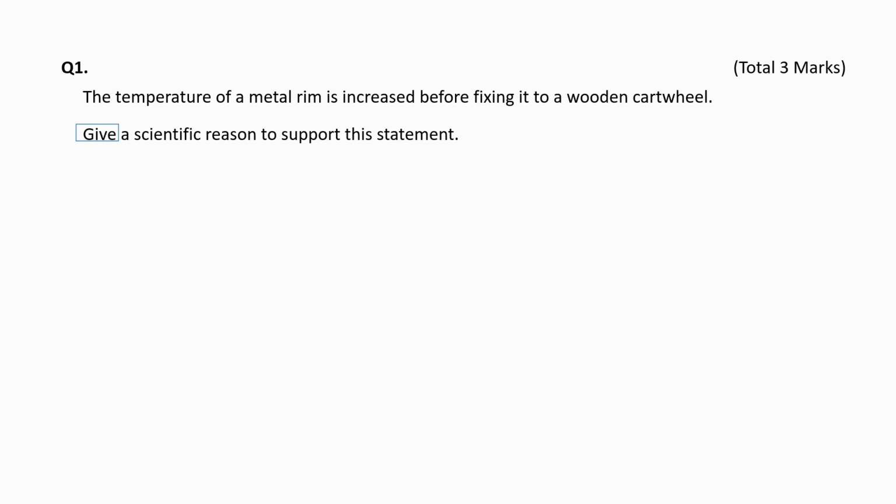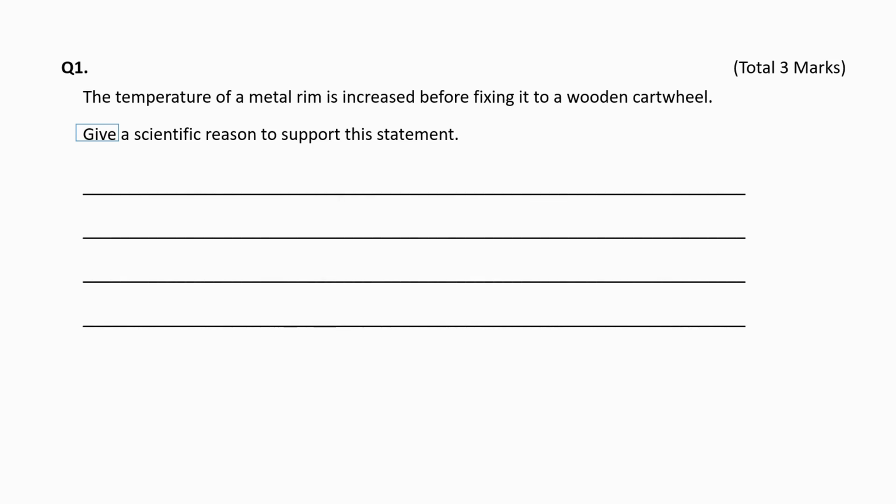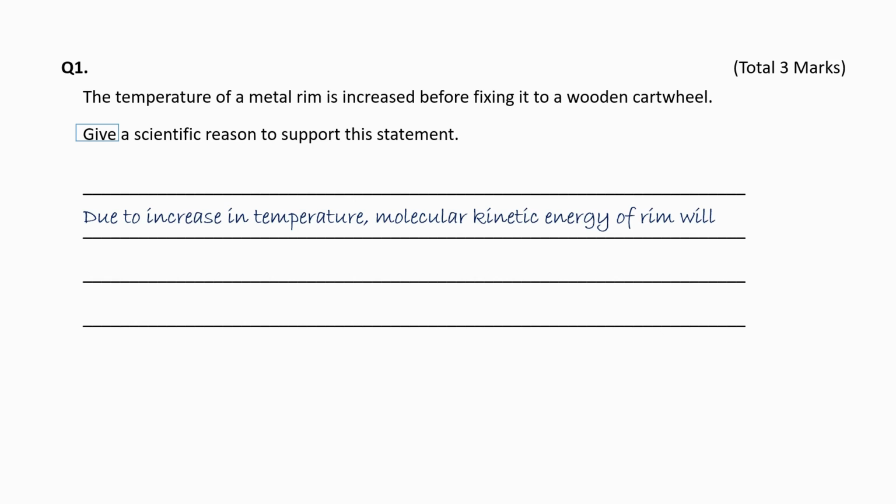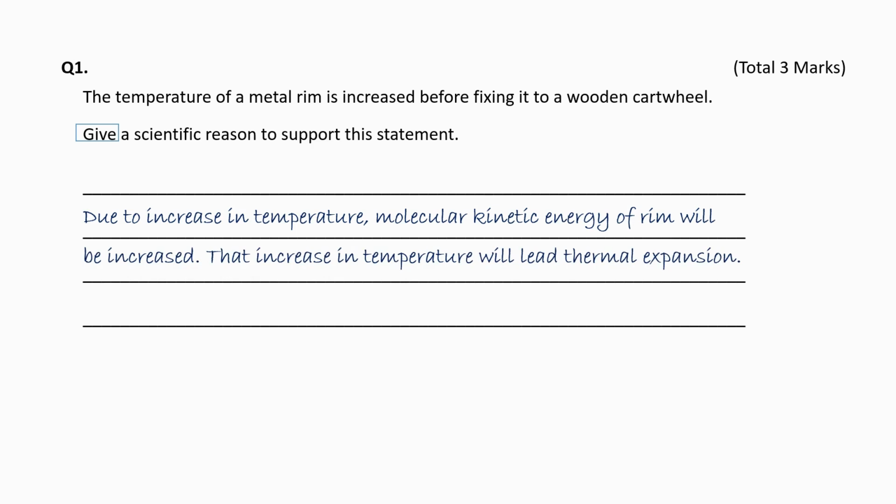As we can see, this question is of 3 marks, and this is the space that is given in the question. When we increase the temperature, it will increase the molecular kinetic energy of the metal rim, which will cause thermal expansion.